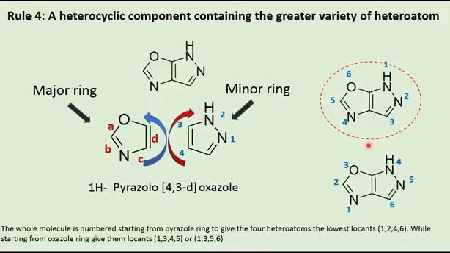Overall, the atoms shall get the least locants. So 1H, because it is there in 1, so 1H-pyrazolo[4,3-d]oxazole. It is a sequence, so if you follow the sequence, it is very easy for you to name any kind of these fused heterocycle systems.